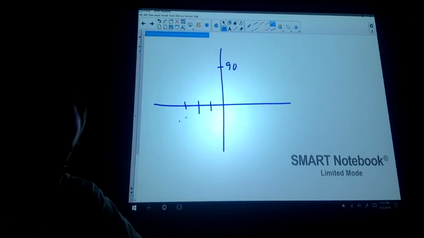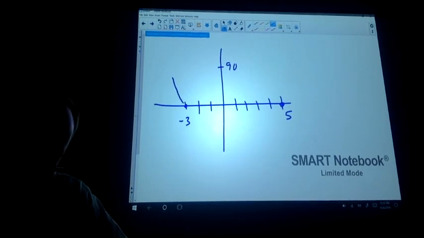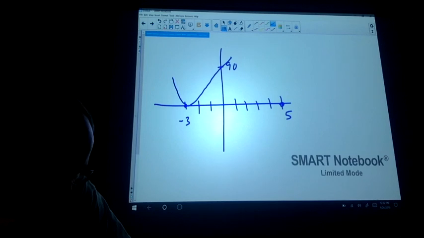And then 1, 2, 3, 4, 5. So that's 5. Okay, see if I can make this work. So this comes down here, bounces up, goes through this, keeps going, about 2.5. We're going to be maxed out, and then it's going to come back down like that.